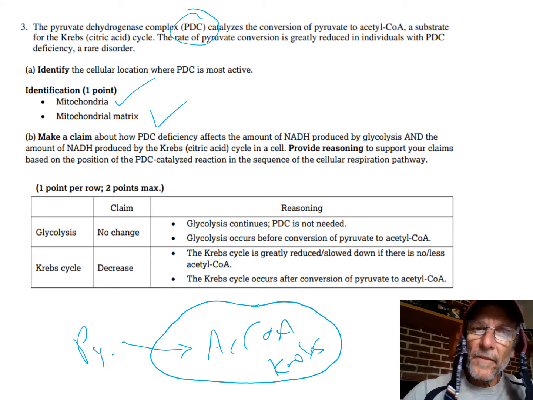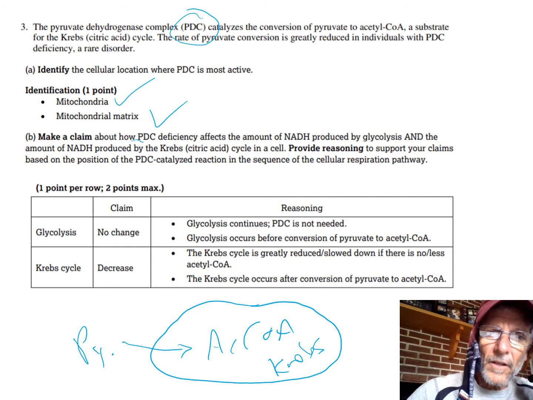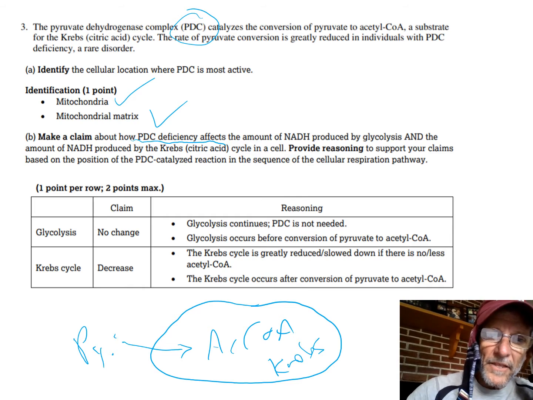So now this guaranteed questions about the change in a system and how that might affect things. If someone has a PDC deficiency, that means this is not going to happen, right?